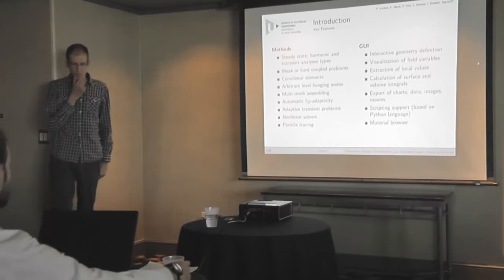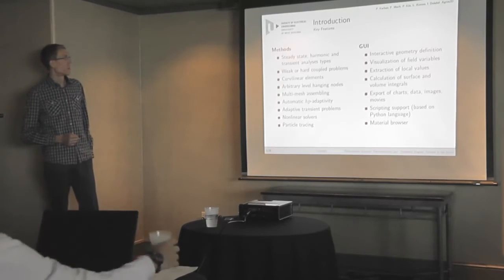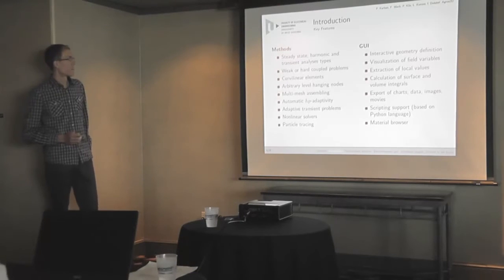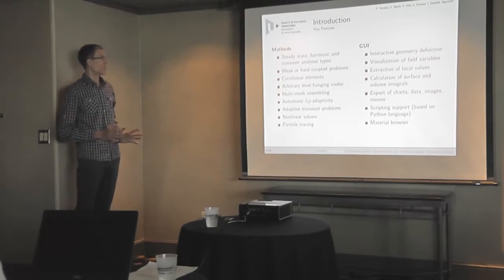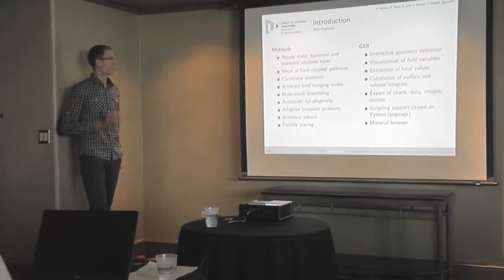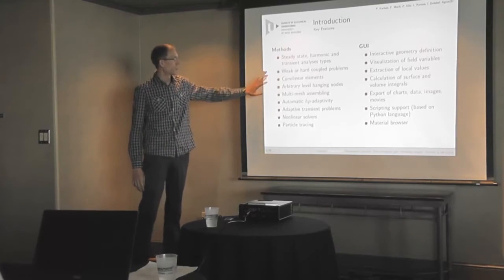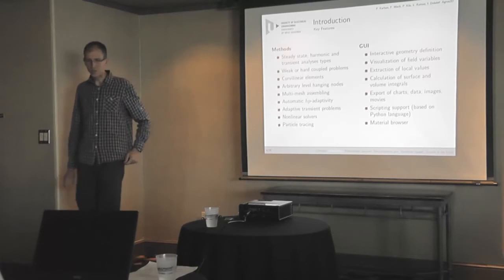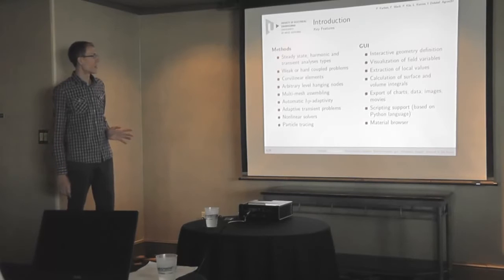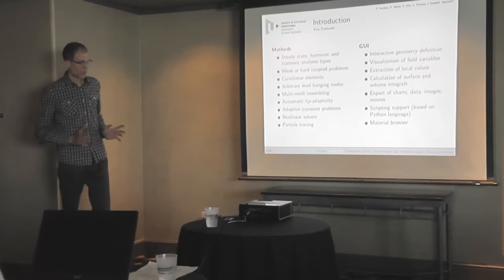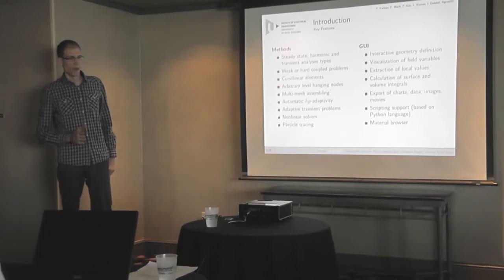So here is the list of some main features of our code. As I said, some of them are actually features of the Hermes library and are inherited in our code from there, so I will not speak about them. On the other hand, Agros is not just a GUI to Hermes, so there are quite complicated structures that allow you to use Hermes efficiently.